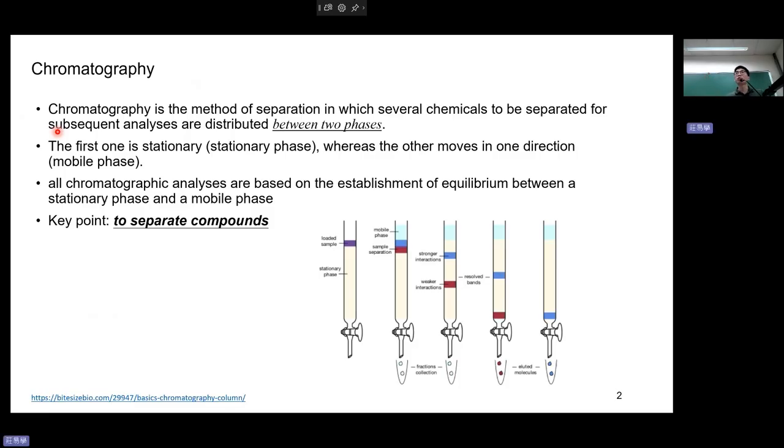So why do we want to separate them? You might want to ask, why do we need to separate them? It sounds like a stupid question, but I'm not sure whether you guys know the answer. Can we just directly quantify it?